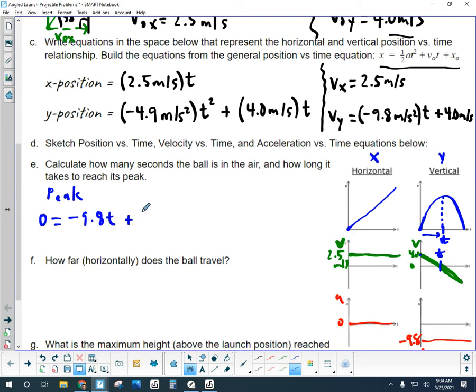If I solve for t, that will be time to peak. So my algebra would be to subtract 4.0, divide by negative 9.8, and that should equal t. Let me grab my notes.